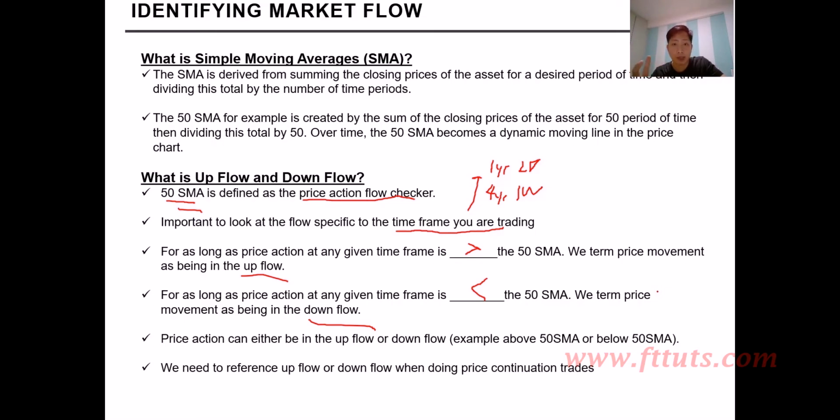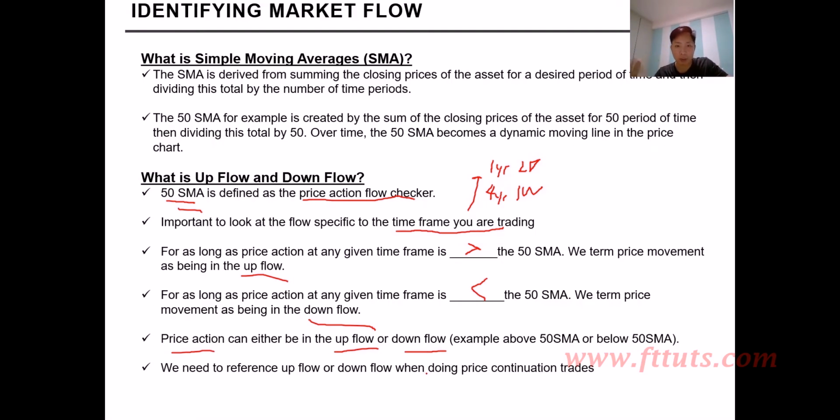But there are certain ways that we're going to use it. We don't just look at it simply, because there will be times when price tests the 50 SMA for a short period of time. I'm going to share a few examples later on on how to decipher all this. Again, price action can either be upflow or downflow, because there's a reference line there, the 50 SMA.